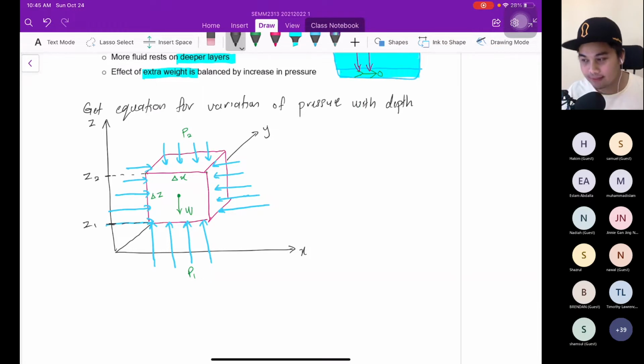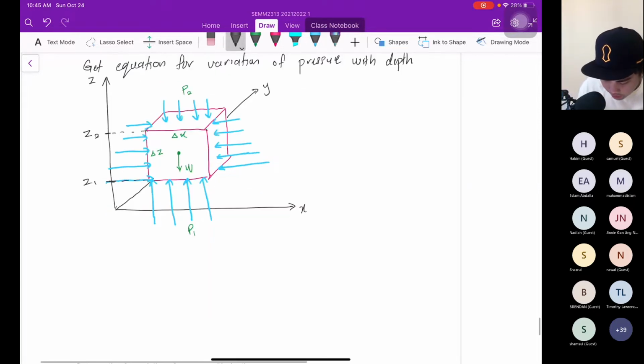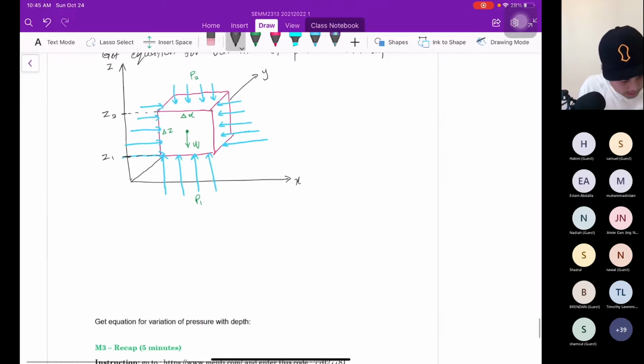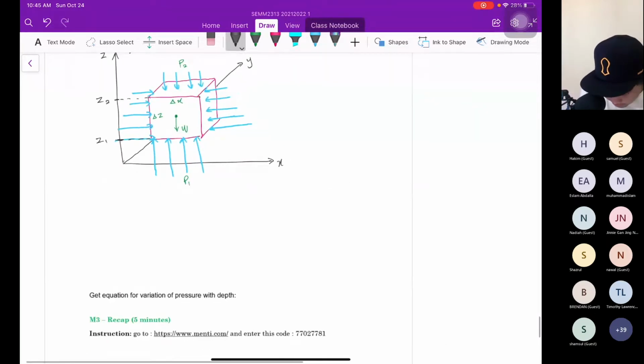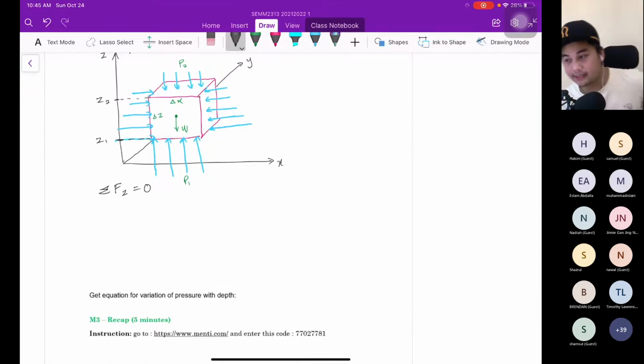What is not identical? In the Z direction. So let's take a look at the force in the Z direction. The summation of force in the Z direction is equal to 0, definitely, since this is static. However, we want to see the correlation of pressure relative to the depth. So we have the weight.